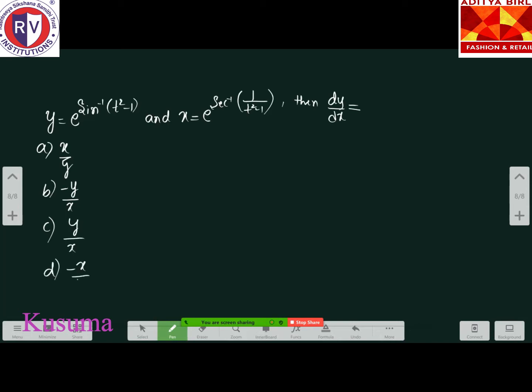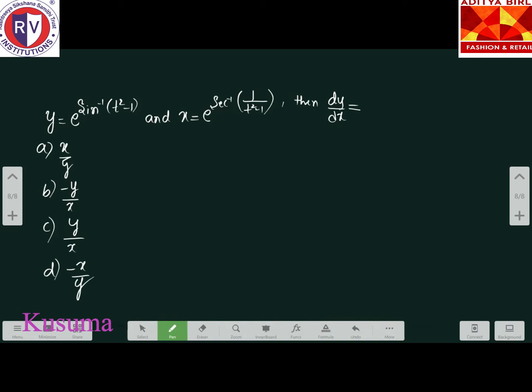Okay, so y is given to be e to the power of sine inverse t square minus 1 and x is given to be e to the power of secant inverse 1 by t square minus 1. You have to find out dy by dx.